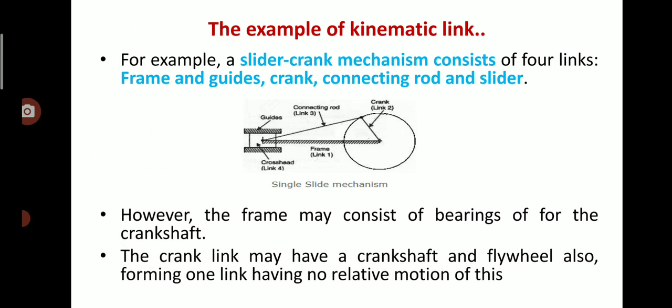Link number one is the frame, link number two is the crank, link number three is the connecting rod, and link number four is the crosshead. However, the frame may consist of bearings for the crankshaft. The crank link may have a crankshaft and a flywheel also, forming one link having no relative motion between them. So by this picture we can understand the nature of a kinematic link.